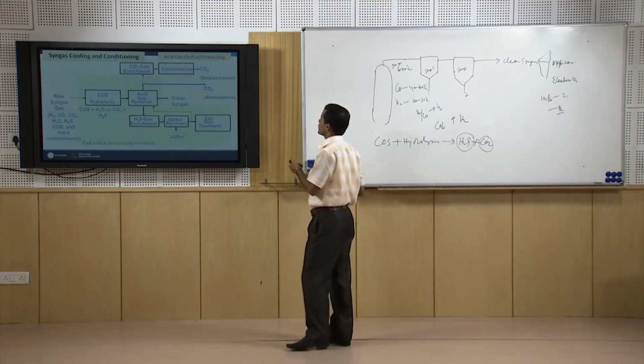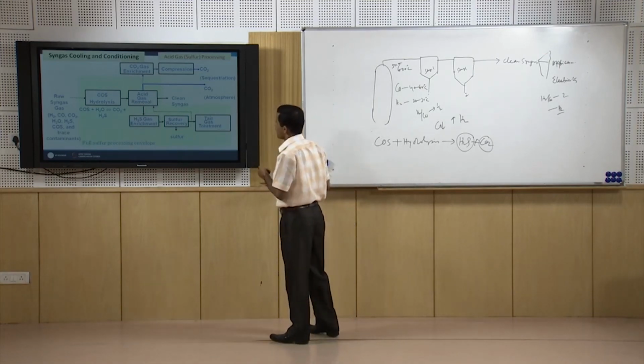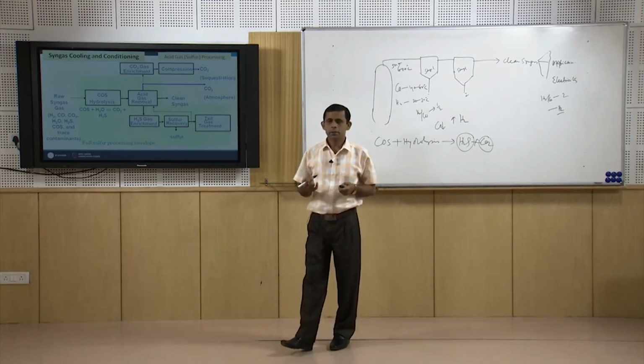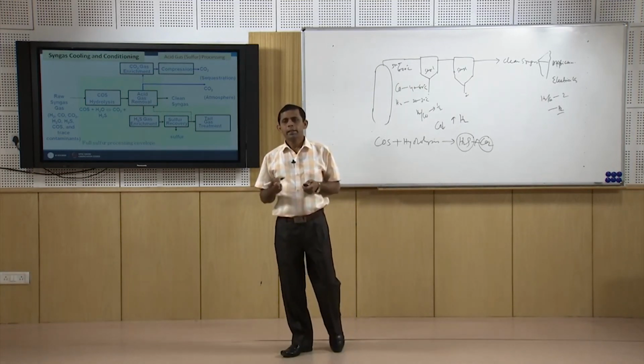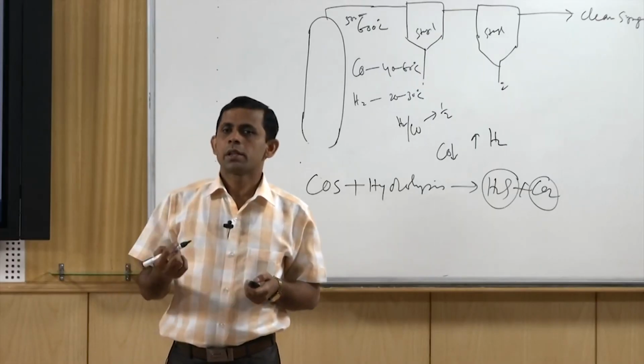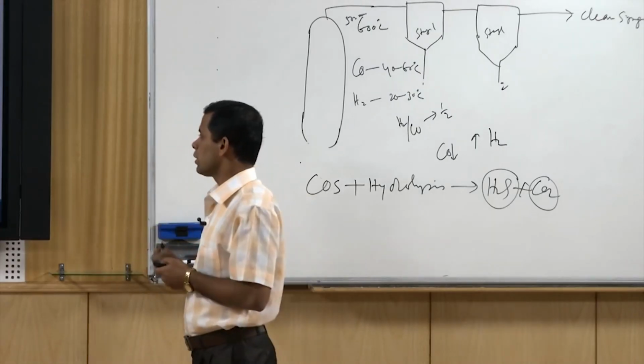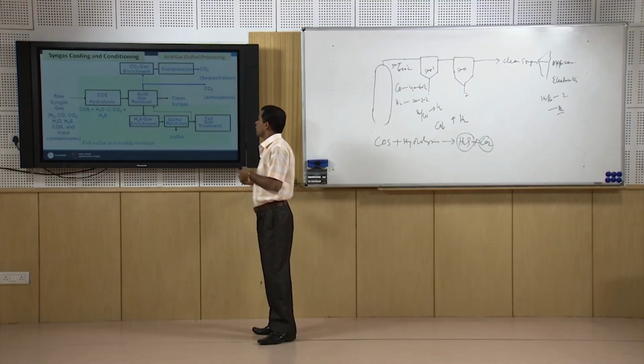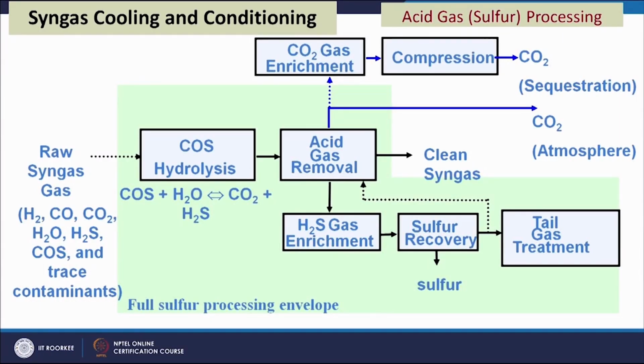There are a number of methods for carbon dioxide sequestration, and the gas enriched with H2S is used for sulfur recovery. There are a number of methods for sulfur recovery, we will discuss them now, and after recovering the sulfur from the H2S-rich syngas, the tail gas goes for treatment.